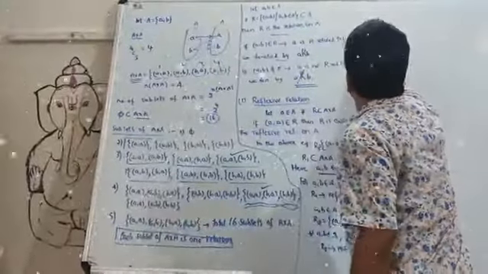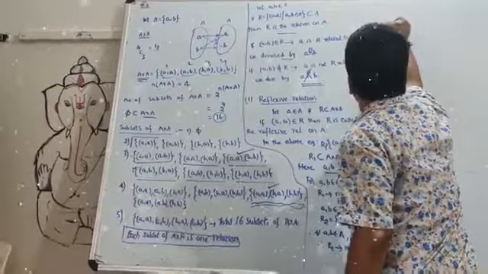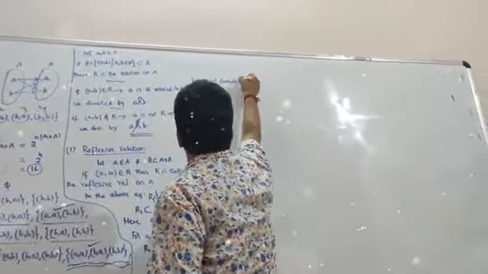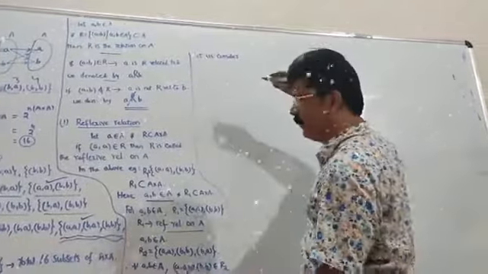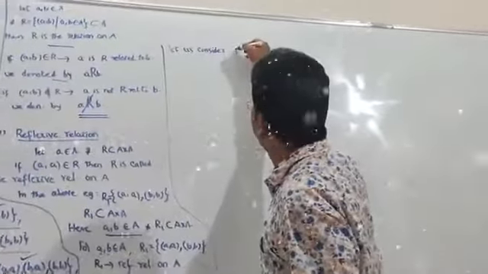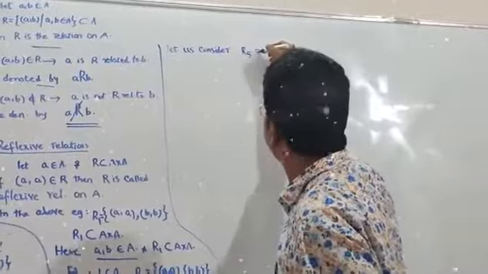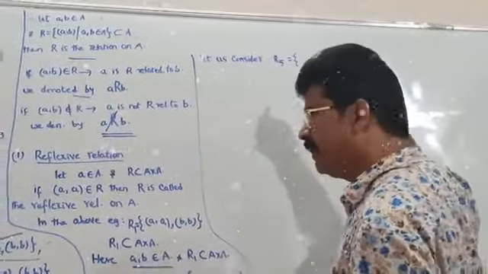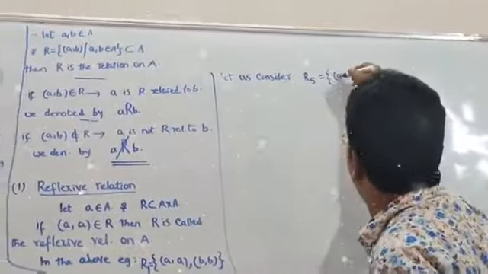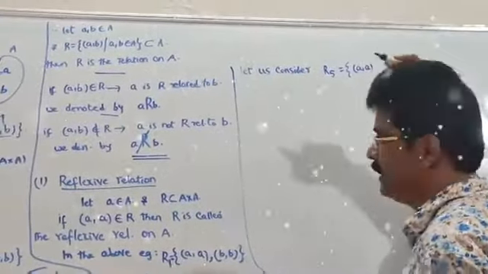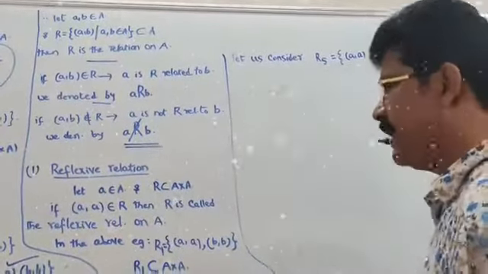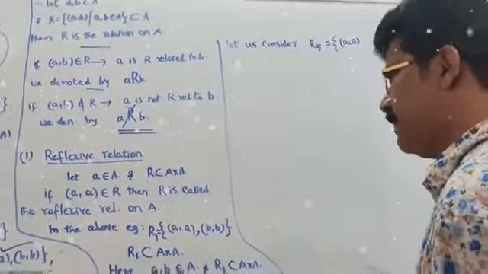Let us consider the set, say R5, that is equal to (A, A), (A, B).